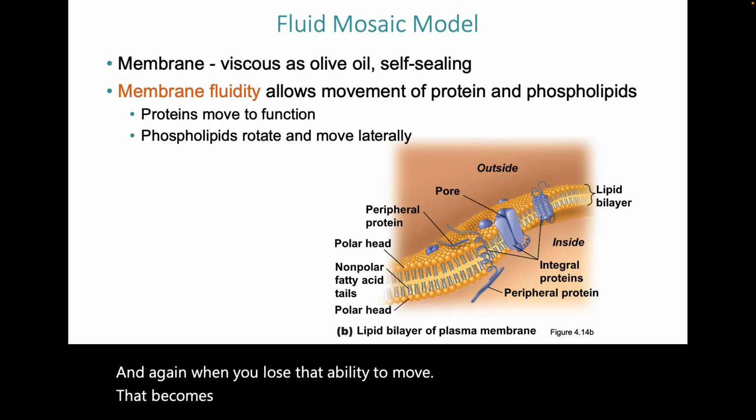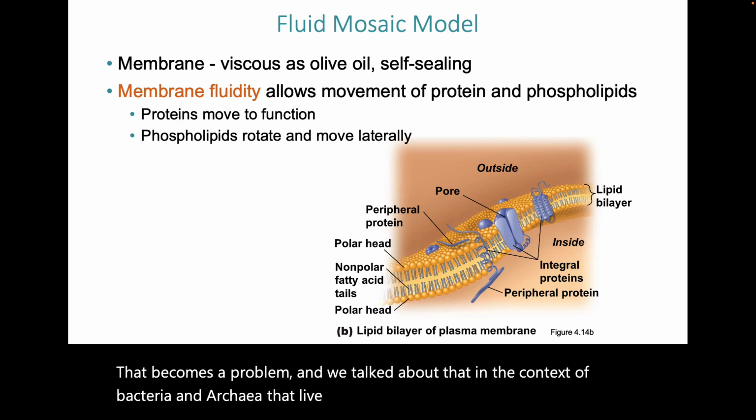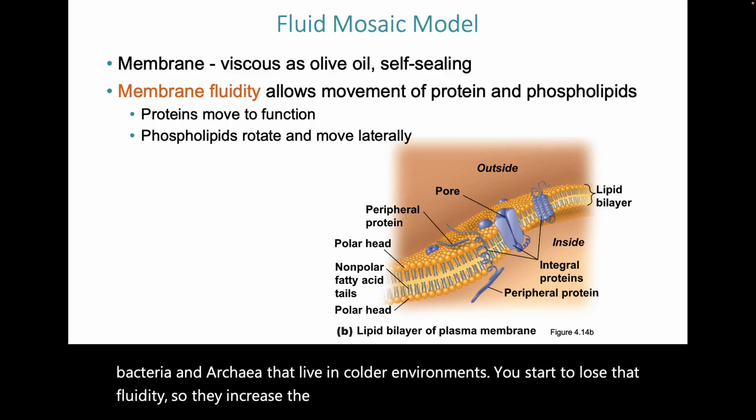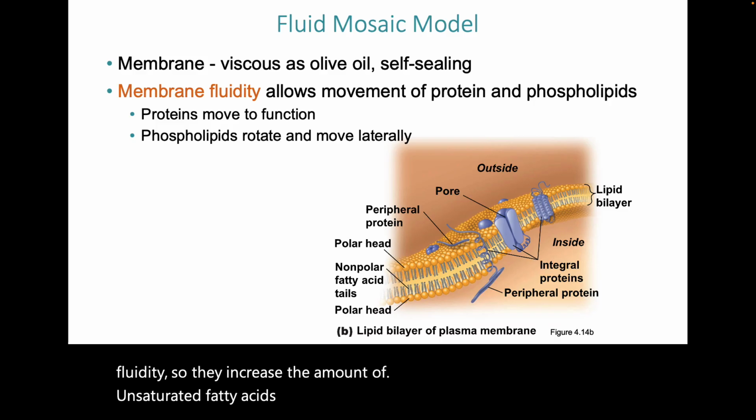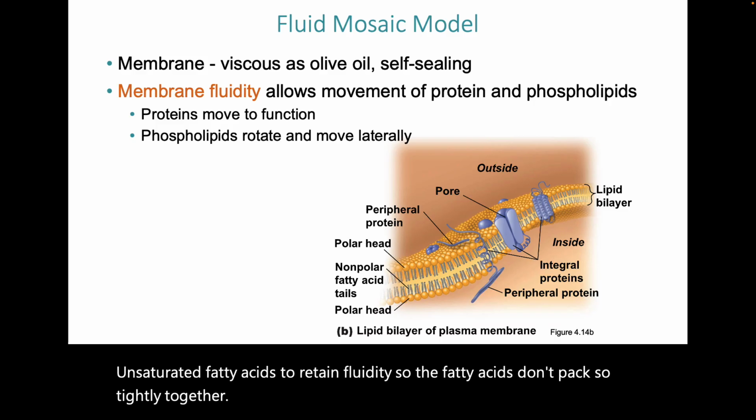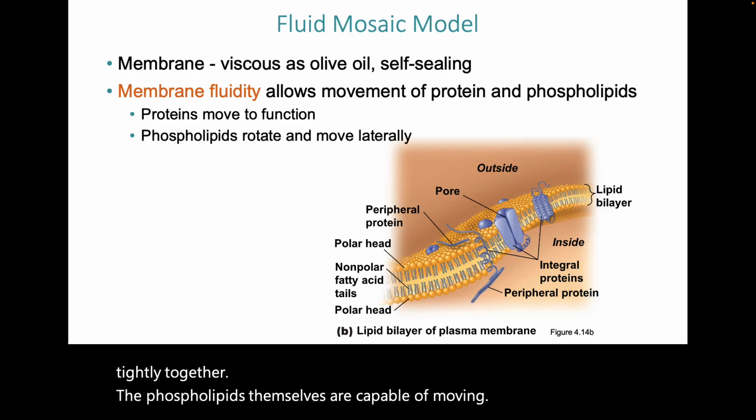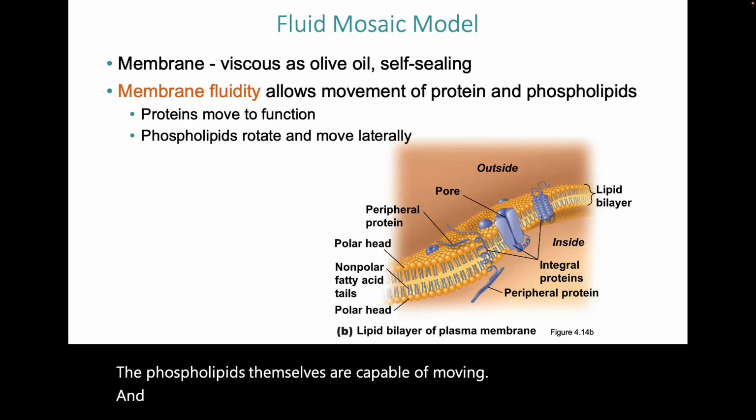And again, when you lose that ability to move, that becomes a problem. And we talked about that in the context of bacteria and archaea that live in colder environments. You start to lose that fluidity, so they increase the amount of unsaturated fatty acids to retain fluidity, so the fatty acids don't pack so tightly together. The phospholipids themselves are capable of moving, and it can be in some ways self-sealing.